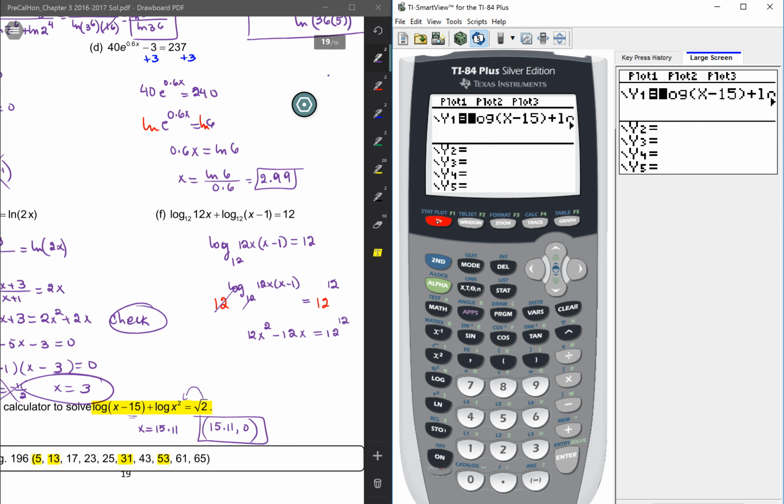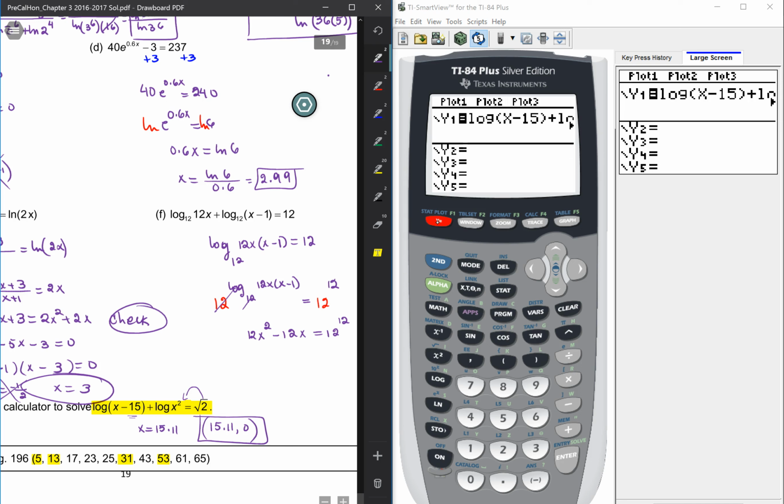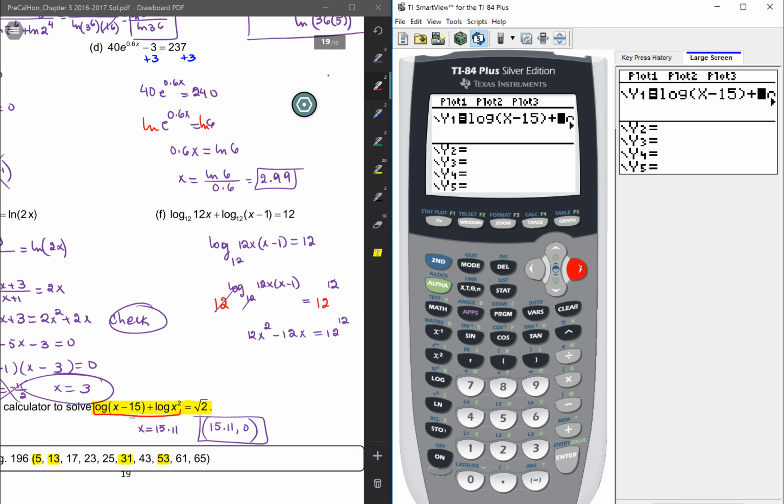Another way is you could not move this root 2 over, and you could plug the left side of the equation into y1 here, just like we did two sections ago, actually. So I'm going to delete this.